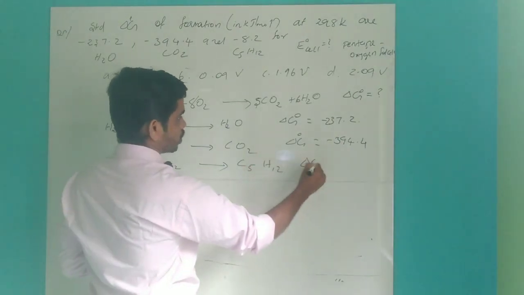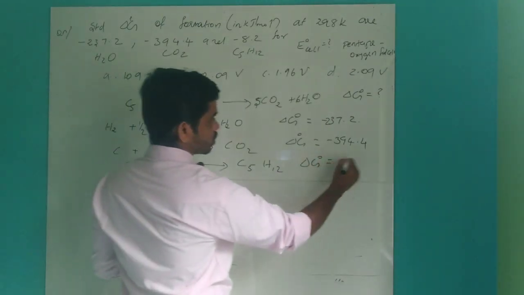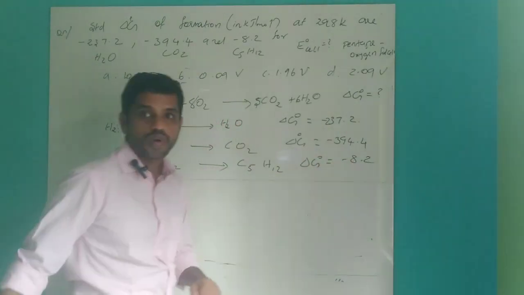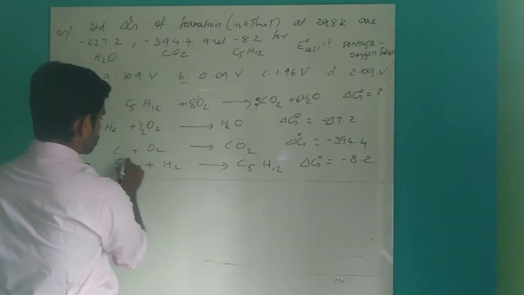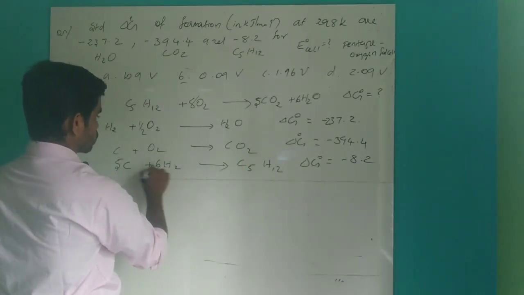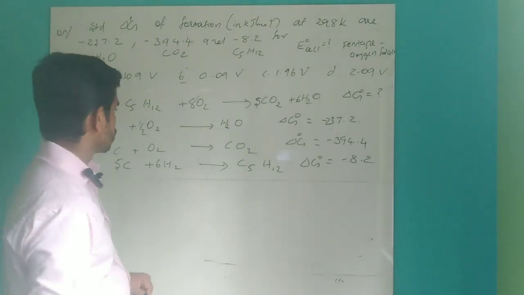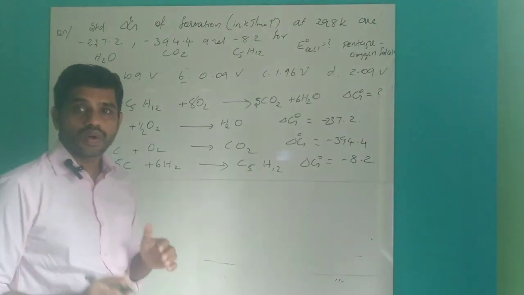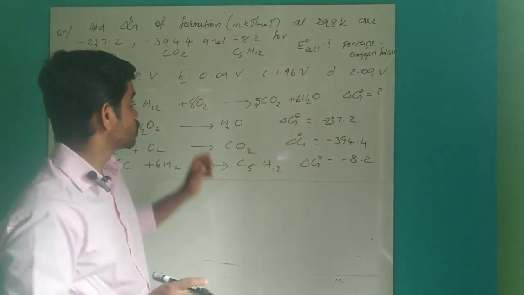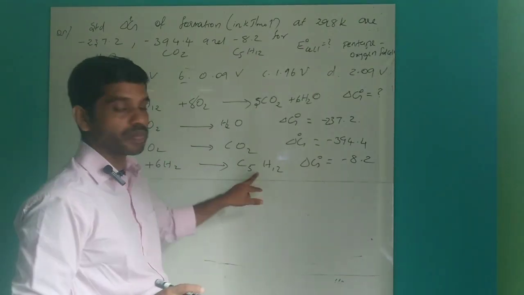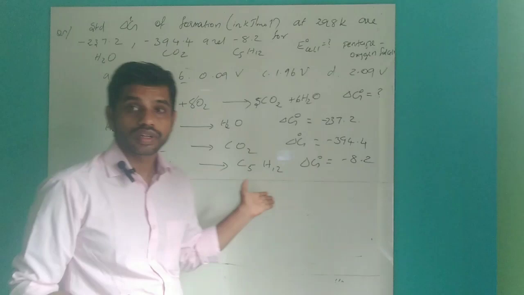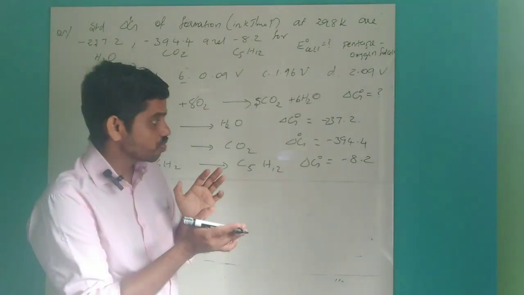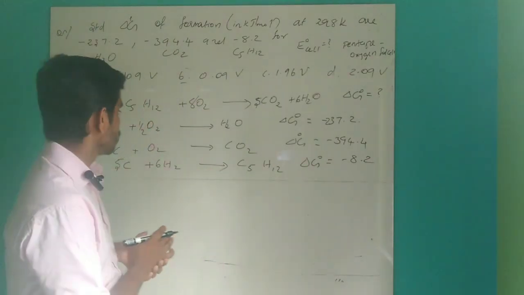Then for pentane, carbon and hydrogen combine to form pentane C5H12. Delta G0 for this reaction is minus 8.2. So 5 carbon, 6 hydrogen. Okay, right. Now we have to see which equation we need. So pentane is on the reactant side, but here it is on the product side. So we have to reverse equation 3.